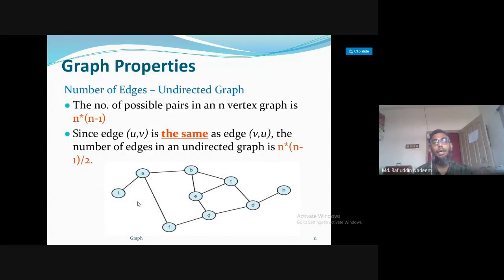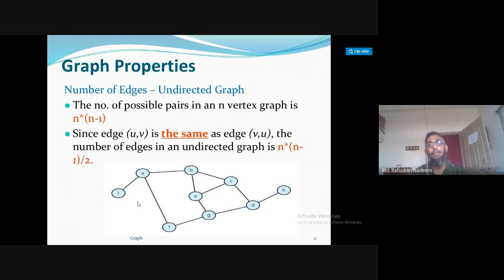Then some more properties of graphs: the number of edges in an undirected graph. How many edges will exist in an undirected graph? The number of possible pairs in an n-vertex graph, meaning if there are n vertices in the graph, then the possible number of pairs in an n-vertex graph will be n into n minus 1.